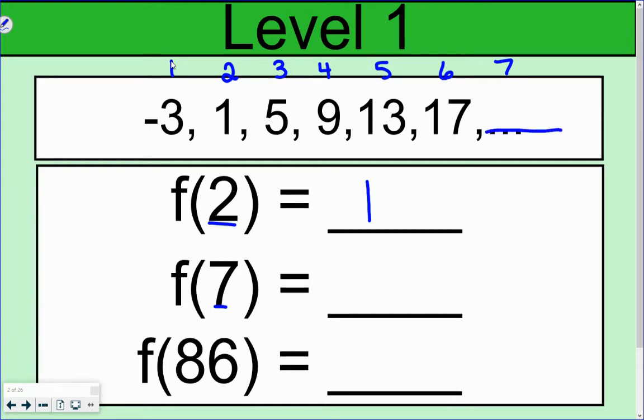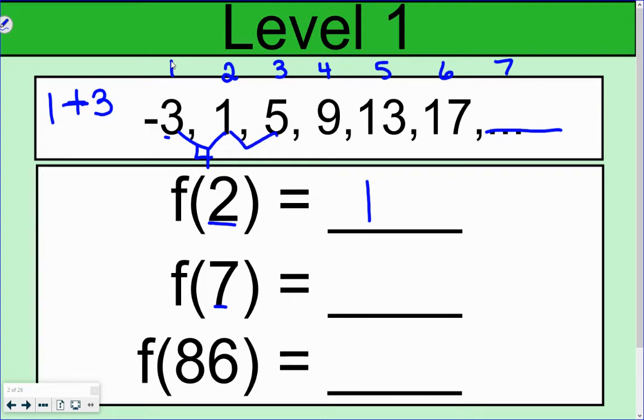And so I need to find my pattern again. I'm going to ask myself, how do I get from one number to the next? When I'm dealing with positives and negatives, I'm a little unsure, so I'm going to take my second term and subtract my first term, which is -3. 1 subtract -3 is the same as 1 plus 3, so that would be 4.